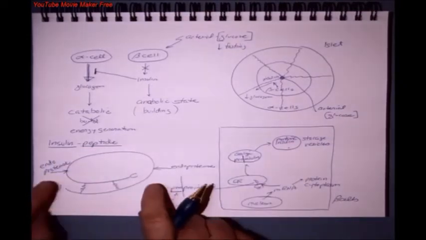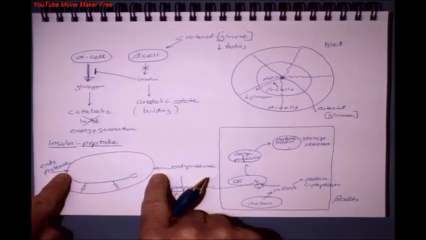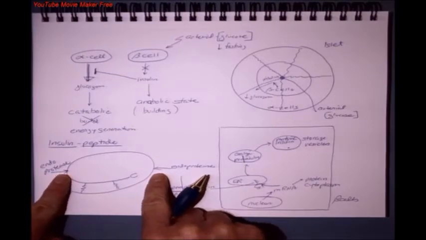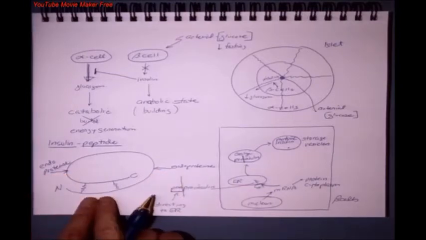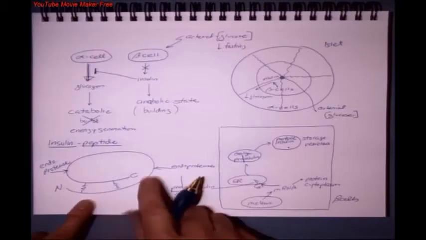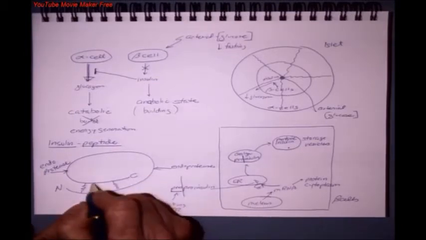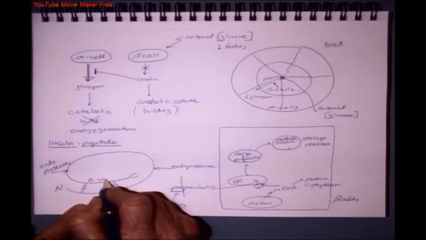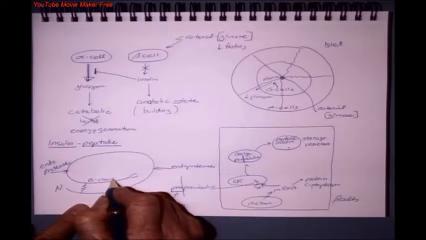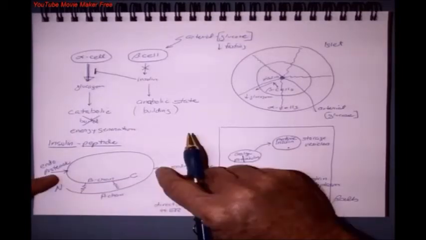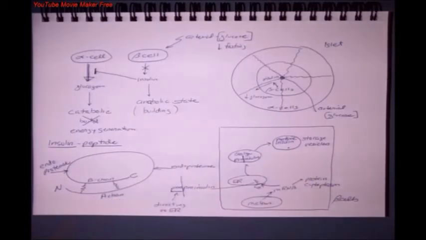These two endoproteases are going to cleave the insulin polypeptide, the proform, and release the mature insulin, which is the A chain and the B chain. These two chains, which are now two separate polypeptides because of this double cleavage, are held together by a disulfide bond.